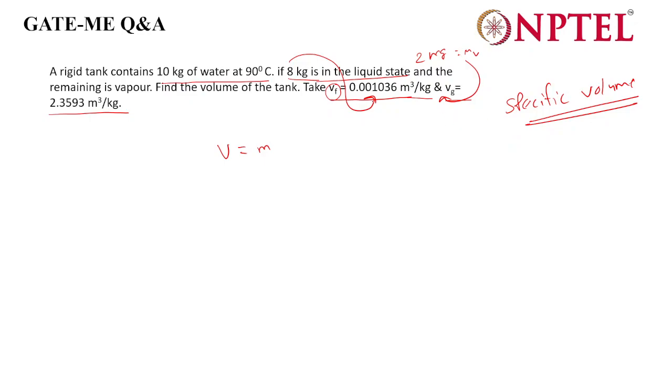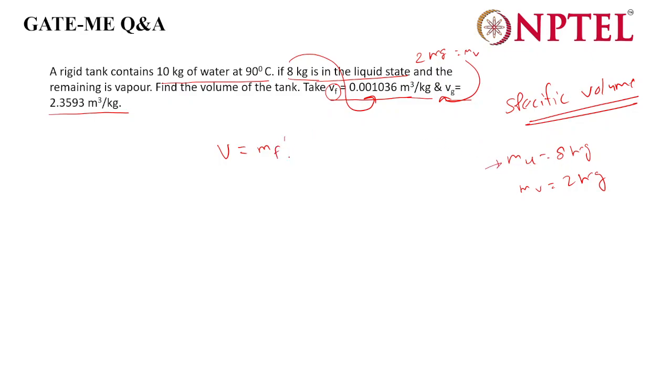Vf is the specific volume of the saturated liquid, and Vg is the specific volume of the saturated vapor. We know the mass of the liquid is 8 kg and the mass of the vapor is 2 kg. When we want the actual volume, we simply multiply the specific volume with the corresponding mass.